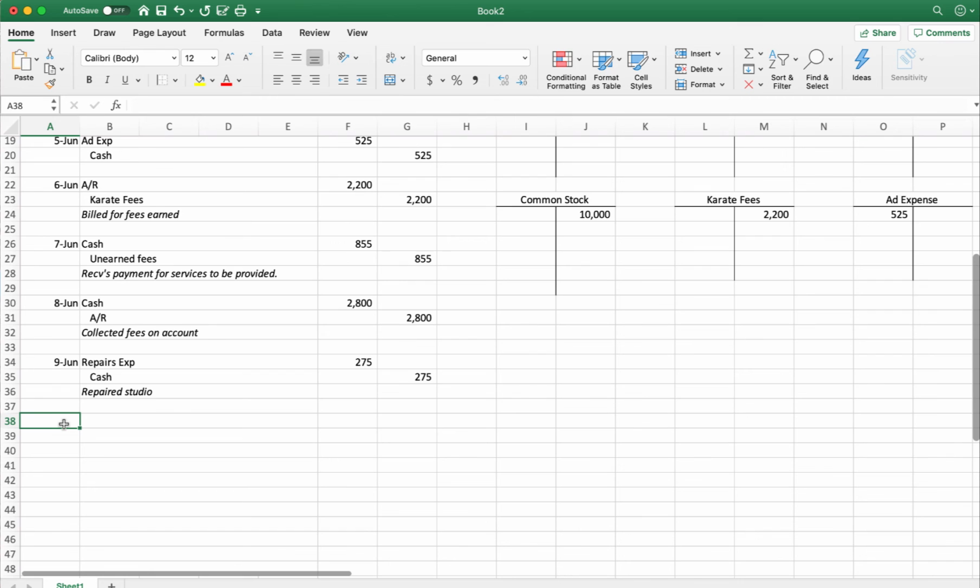Skip a space between your journal entries, 6/10. What happened on 6/10? It says billed participants for karate lessons to date, $2,000. That's what we were looking for, right? So, what are we doing here? This is an example of what?